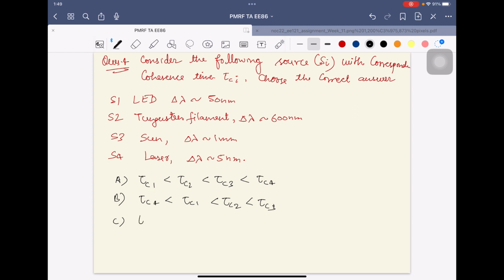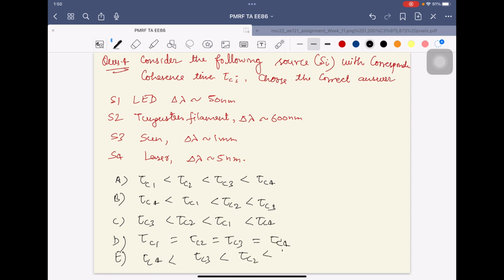Third is tau c3 is less than tau c2 is less than tau c1 is less than tau c4. Option D is tau c1 is equal to tau c2 is equal to tau c3 is equal to tau c4. And E is tau c4 is less than tau c3 is less than tau c2 is less than tau c1.